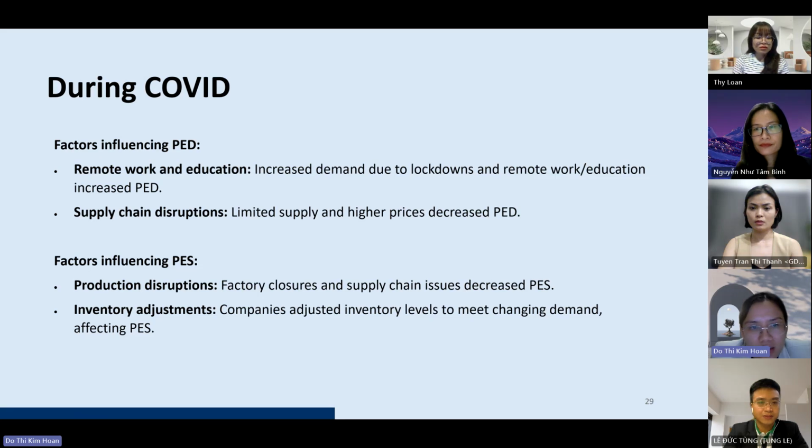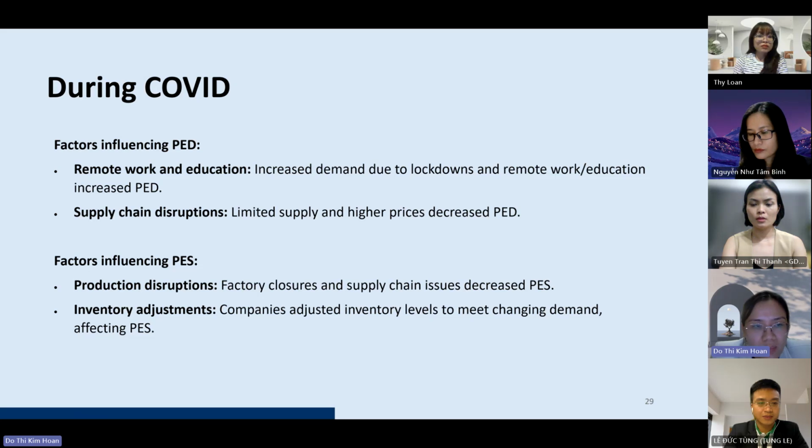Besides that, supply chain disruption limited supply. In addition, the government provided additional income to customers, which raised demand for laptops too.